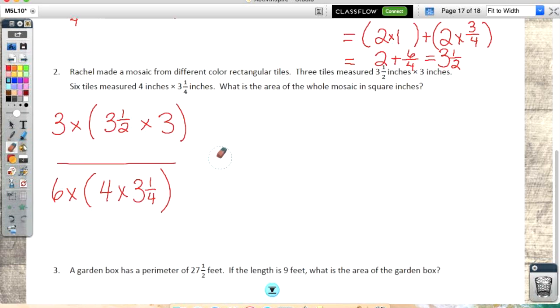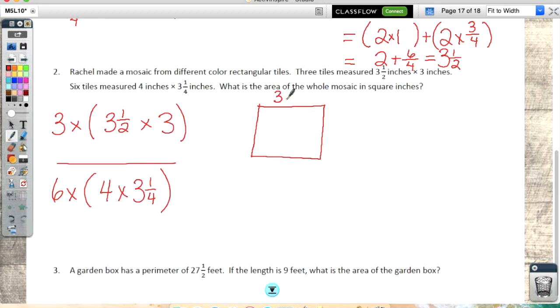So not only do I have to do area, then I have to take the answer times 3 and the answer times 6. All right, so help me out here. You want to use area model or solve it numerically with 2 sets of parentheses? Okay, so on this one, let's draw an area model.